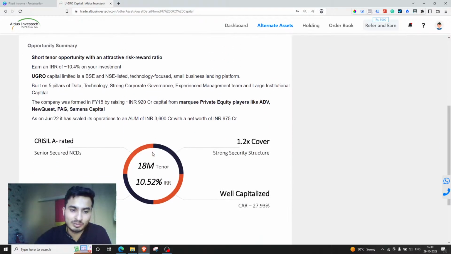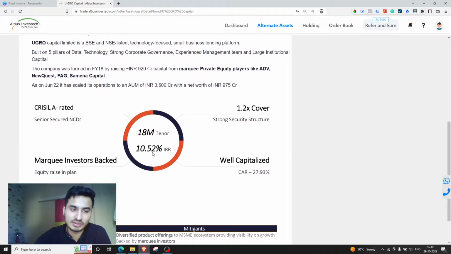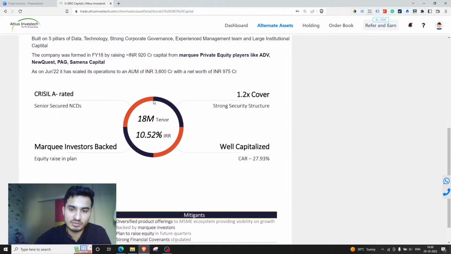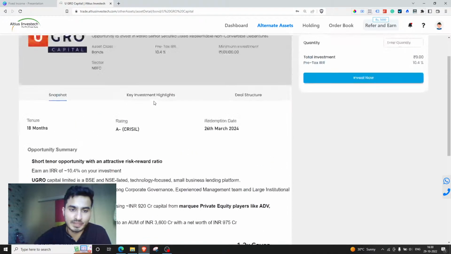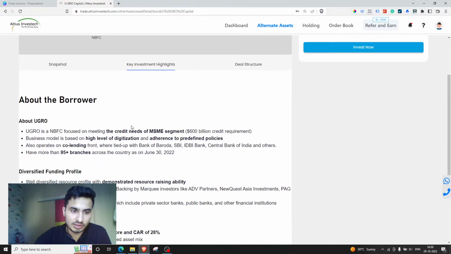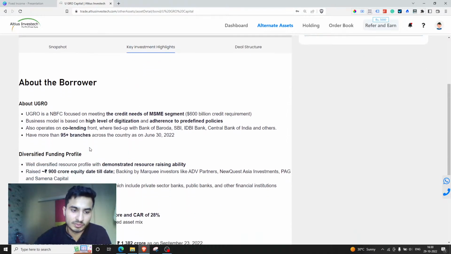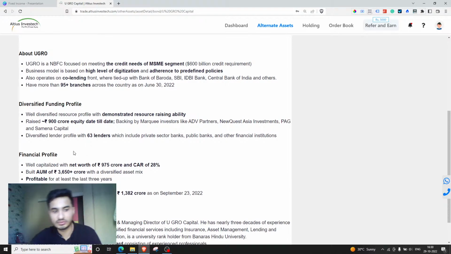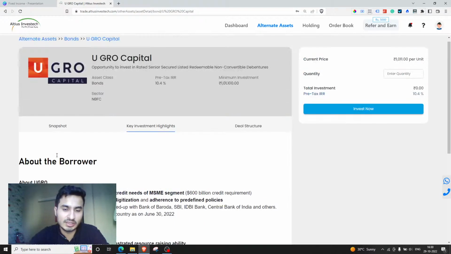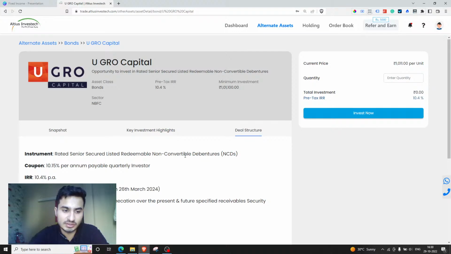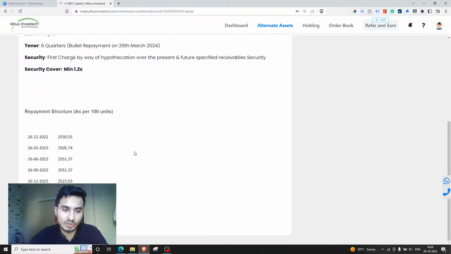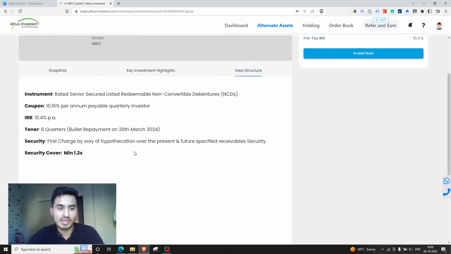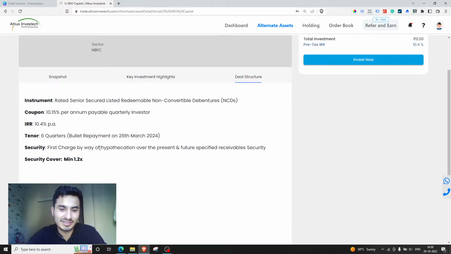You can read a bit more about the company, the summary of the opportunity, and about Ugro, their financial profile, and in the deal structure you get to see what the repayment structure would look like, and more information on the security cover and what the security actually is.